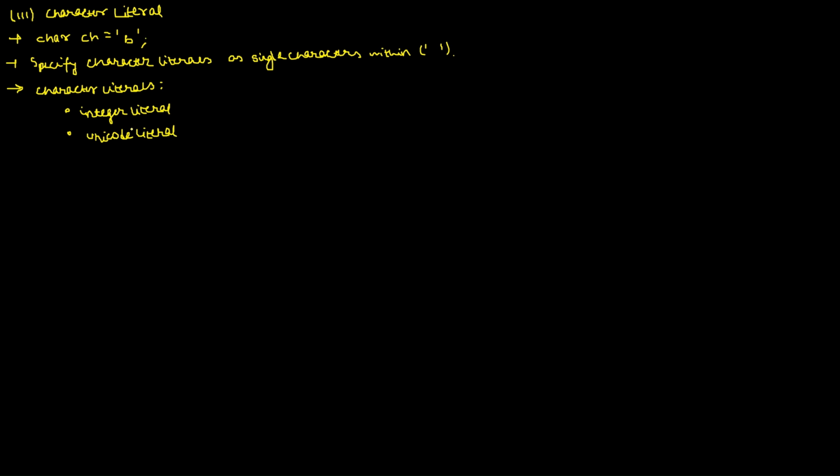The Unicode representation syntax would be something like, char ch is equals backslash u, and then a 4-digit hexadecimal code. Just note that this should be a 4-digit hexadecimal code only. More than this, and the character is invalid.